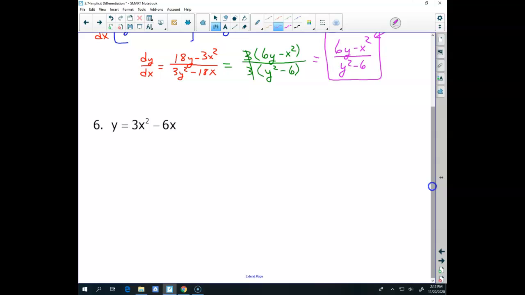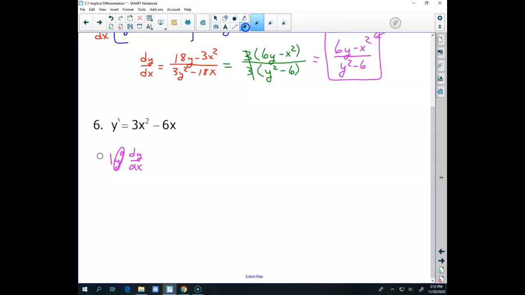Really not a hard one here. Oh, I don't need implicit differentiation for this one, but the derivative of y to the first, if you're wondering why I just got a dy/dx over there, that's really 1 times y to the power of 0, chain rule, dy/dx, okay? And you know that's 1, so 1 times 1.